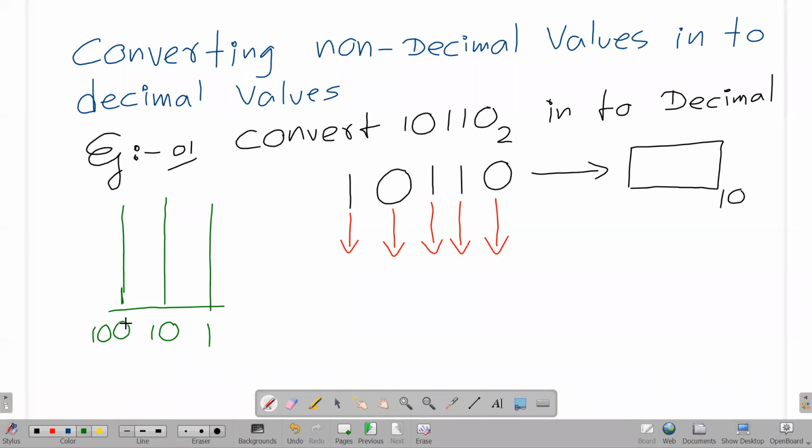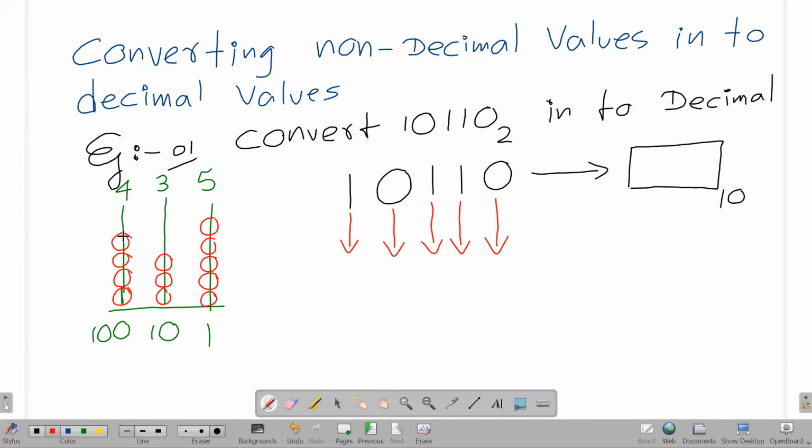If someone asks you to represent 435, you were putting 5 balls over here, 3 balls over here and 4 balls over here.